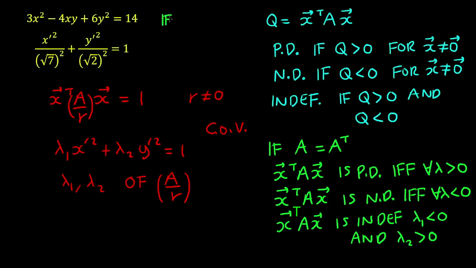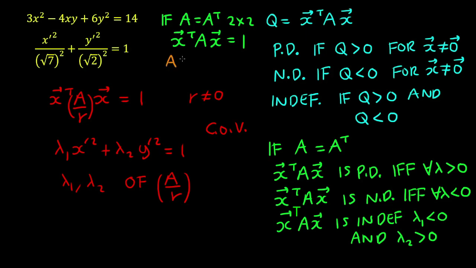Now if A is a symmetric 2 by 2 matrix, then the quadratic form x transpose by A by x is equal to 1 represents different conics given the following conditions.